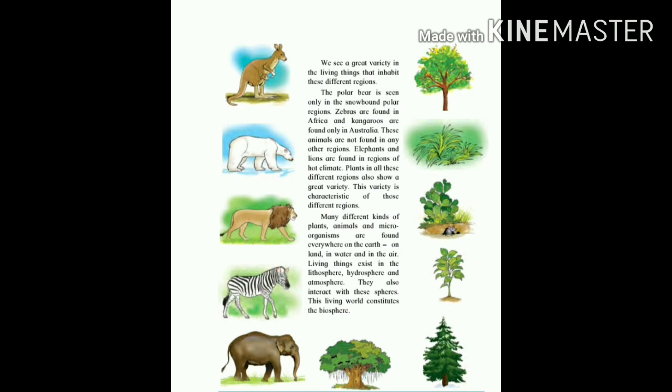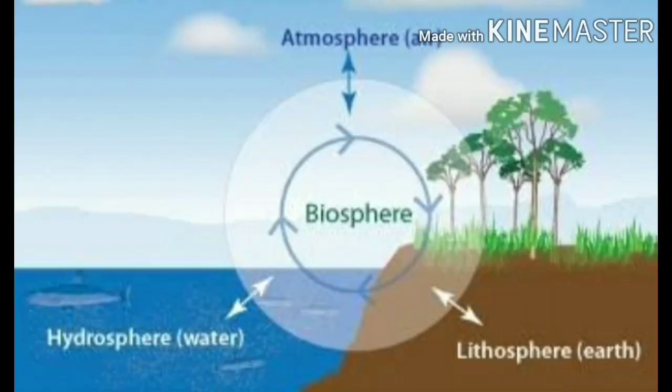Many different kinds of plants, animals, and microorganisms are found everywhere on the earth, on land, in water, and in the air. Living things exist in the lithosphere, hydrosphere, and atmosphere. They also interact with these spheres. This living world constitutes the biosphere.